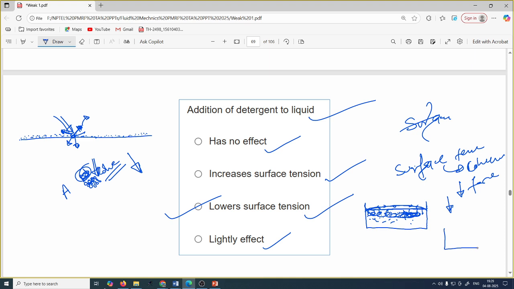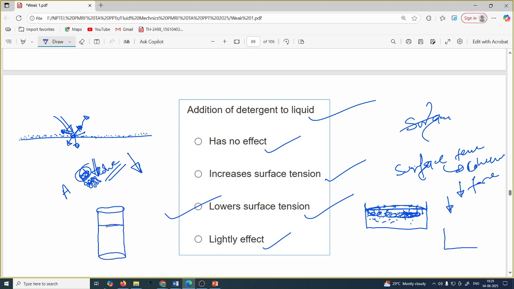You can do this experiment at home. Take some water in a glass. The glass should not be a steel glass; it should be transparent. When you put water, you will see the surface is not completely straight.